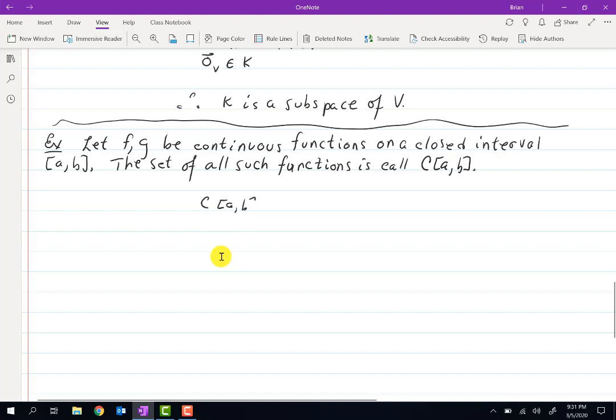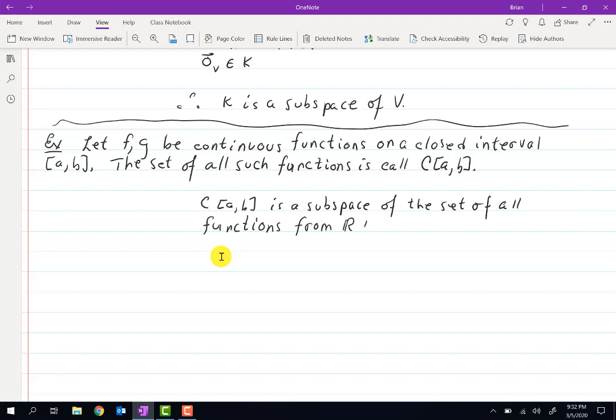C[a, b] is a subspace of the set of all functions from the reals to the reals. You have to take my word for it that the set of all functions actually is a vector space. The set of continuous functions is a subspace.